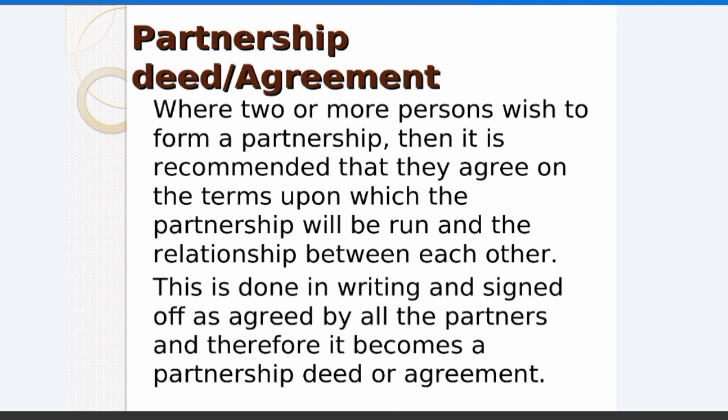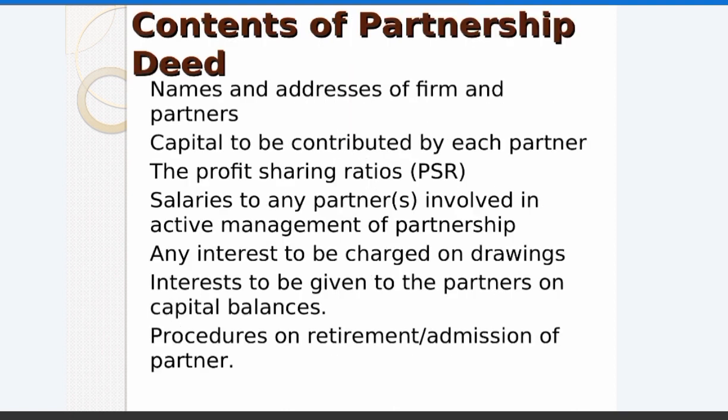So that is why we are saying that this will be done in writing and signed as agreed by all the partners, and therefore becomes a partnership deed or agreement. So those terms and conditions of running the partnership and that form the relationship between the partners will be contained in a document we call the partnership deed or the partnership agreement.